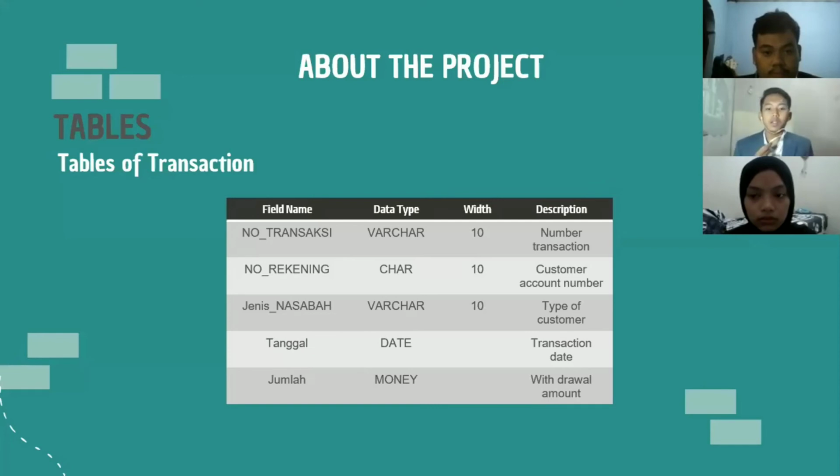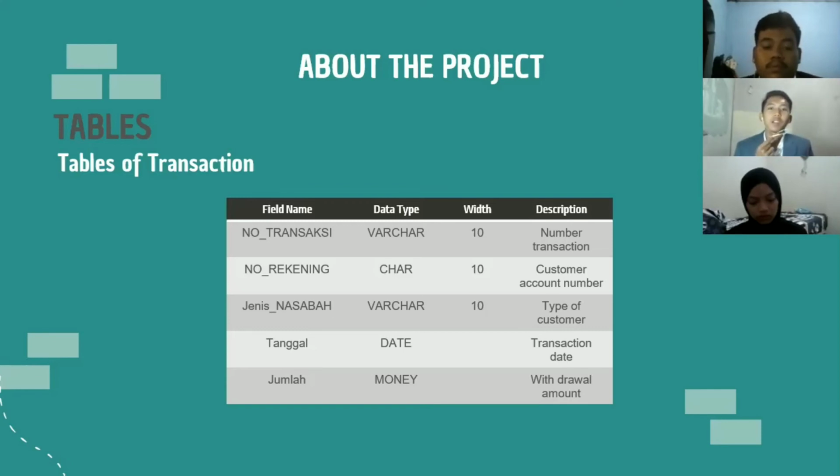In the table of transaction, there are five fields. First, nomor transaksi. Field name is nomor transaksi. Data type is varchar with 10. Description: to store the transaction number when the customer makes a transaction. Two is no rekening. Data type is char with 10. Same as in the account table, its function is to store the customer account number. And third is jenis nasabah. Field name is jenis nasabah.